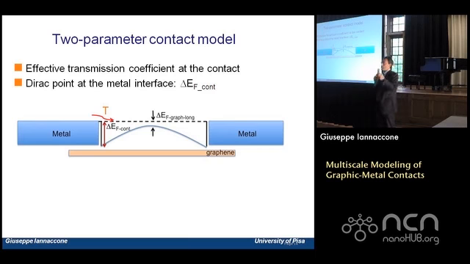With these two parameters, we can basically include the contact in device simulations, either in NEGF simulations or also in semi-classical simulations. And we also have a recipe for how to improve the conductance of the contact.